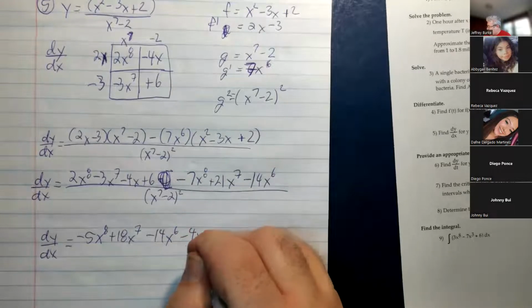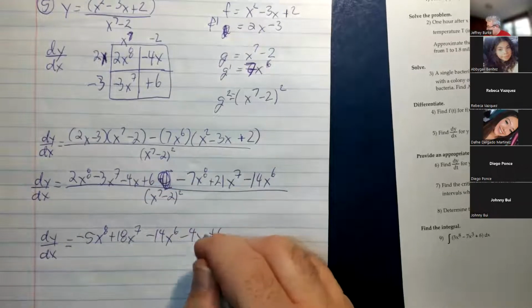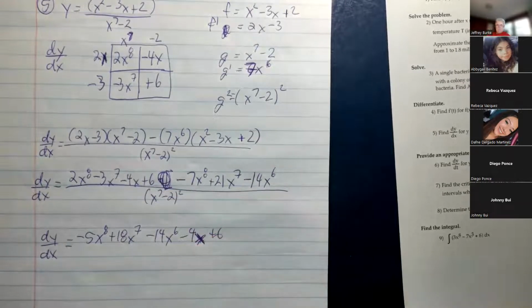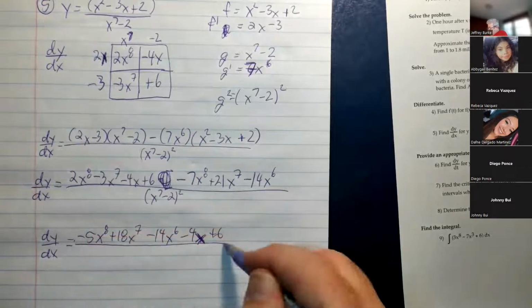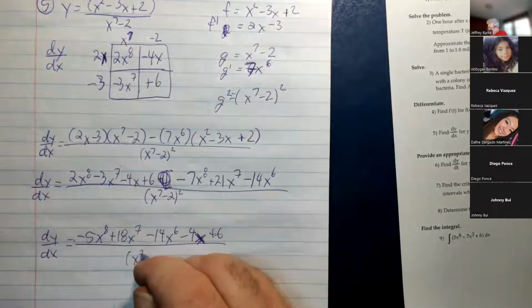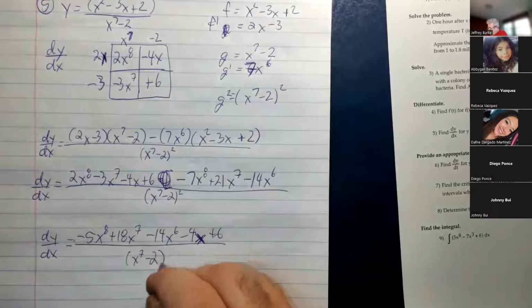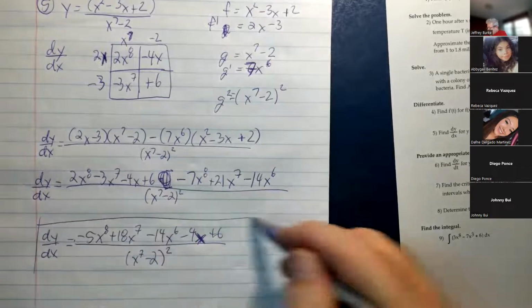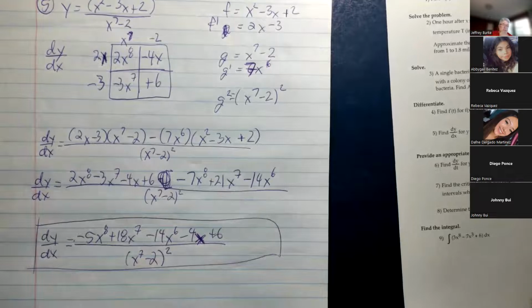Then I've got minus 4x plus 6. I'm just checking this out. Yeah, looks good. And then this is all going to be divided by x to the 7th minus 2 squared. And that's going to be the final answer for question 5.